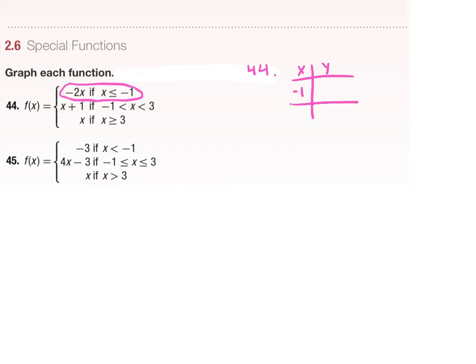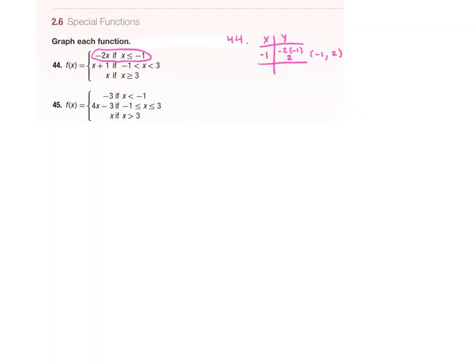So we get -2 times -1, which is what? What's -2 times -1? +2. So what's our point here? -1, 2. So going to our graph. That's the whole point of this section, is to graph it.